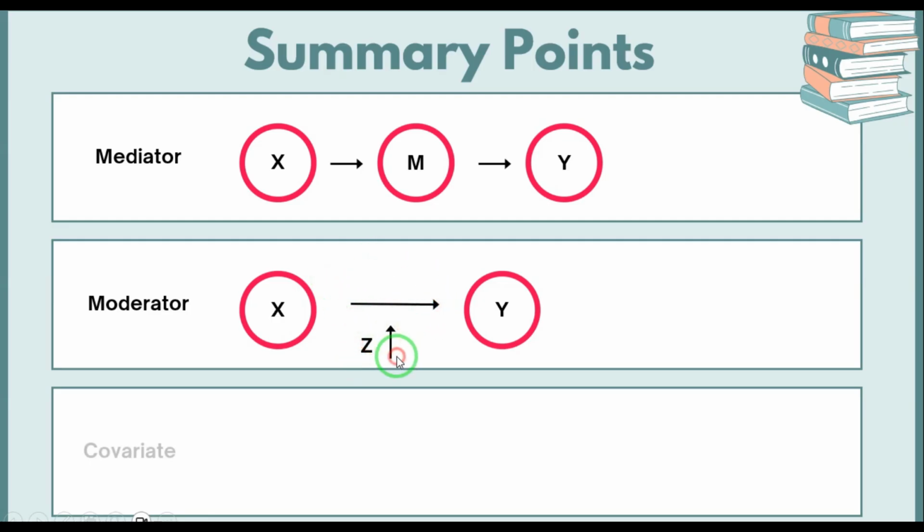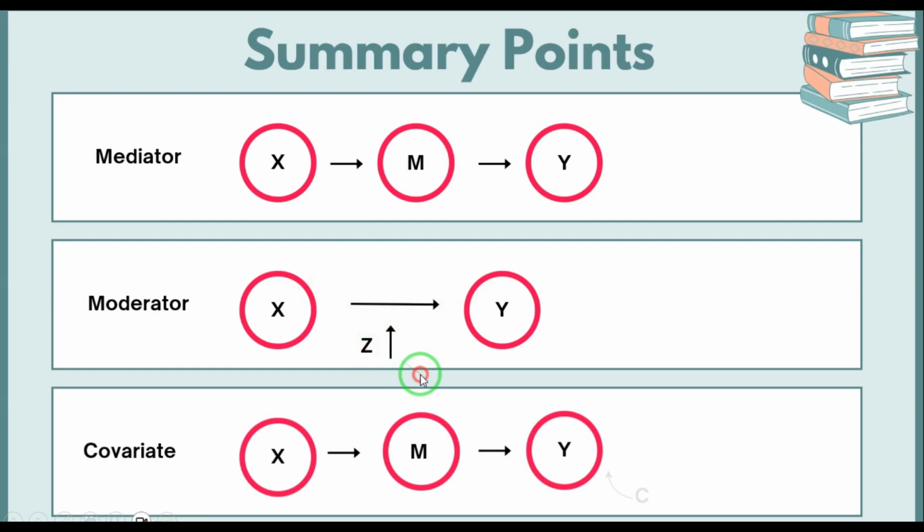And covariate is just an extra measured variable that we want to account for without testing a causal pathway or interaction. In conclusion, mediator is the how part inside of the story. Moderator is the when or whom changing part of the story. And covariate is anything else that matters but totally outside of the story and this relationship.